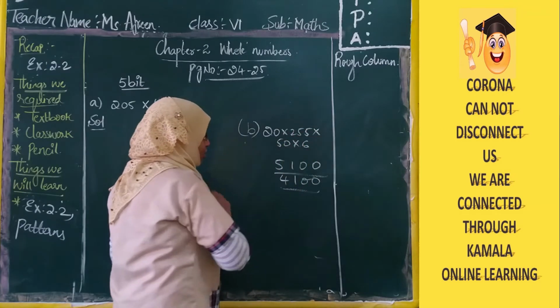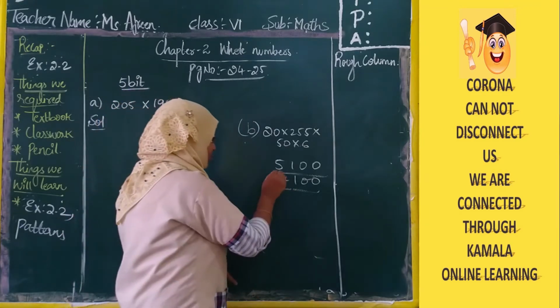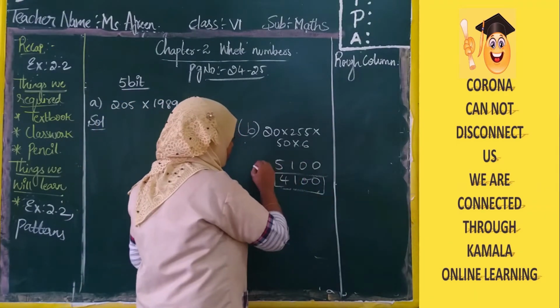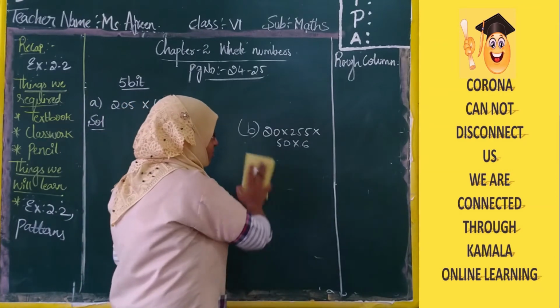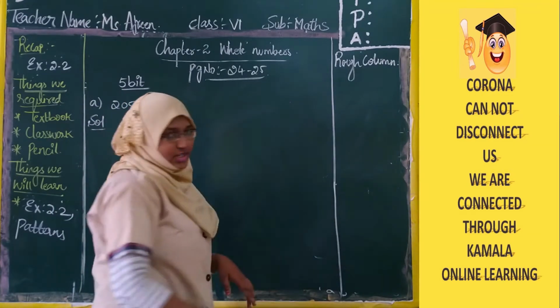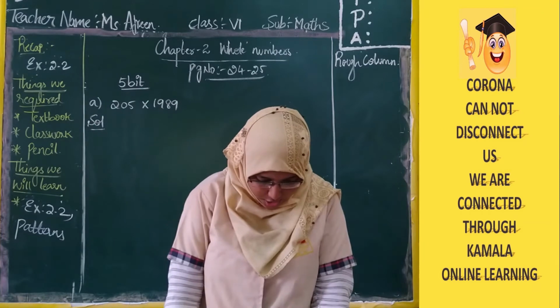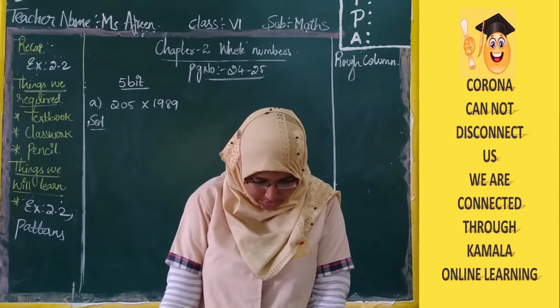When we did this solution, we wrote 4100, but actually it should be 5100, then into 90. So a small mistake has occurred, right? Please correct it. Okay, now let us move to the fifth bit.